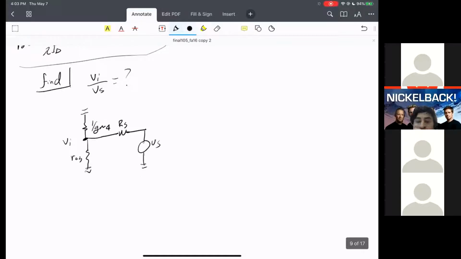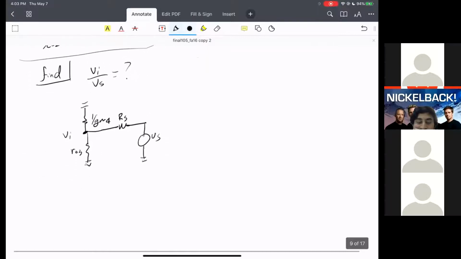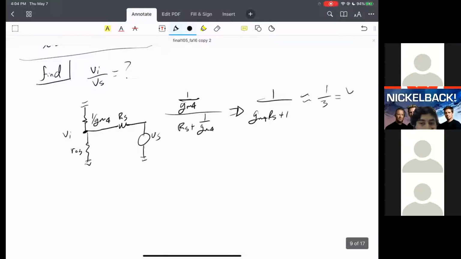But since I'm using the approximation here, I am going to ignore ro3 and simply use 1 over gm4 over Rs plus 1 over gm4, which comes down to 1 over gm4 Rs plus 1, which is 1 over 3. So this is what Vi over Vs is equal to.